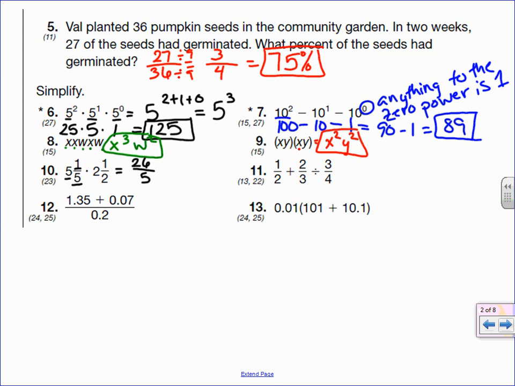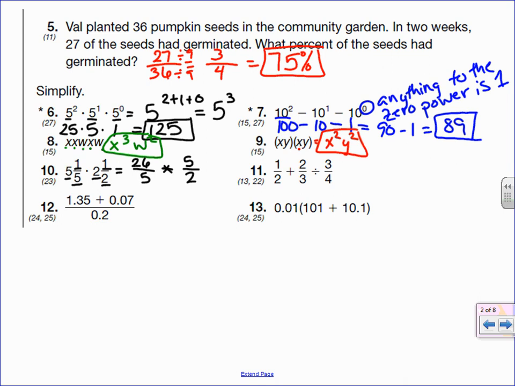And then this one, we take 2 times 2 is 4, plus 1 is 5. So you have 5 halves. And that makes sense, because if you had 5 halves, that would be 2 1/2.